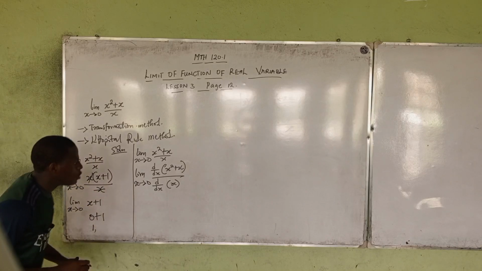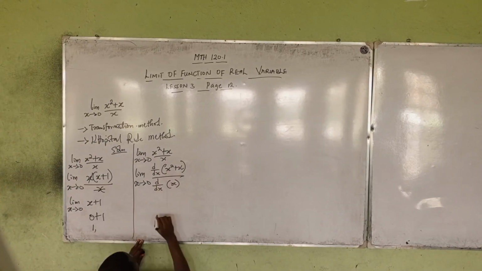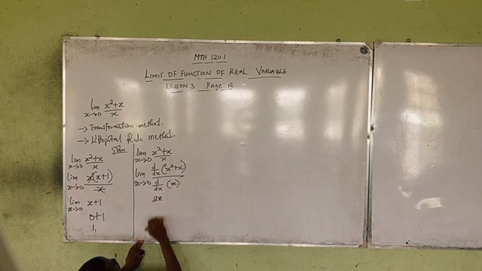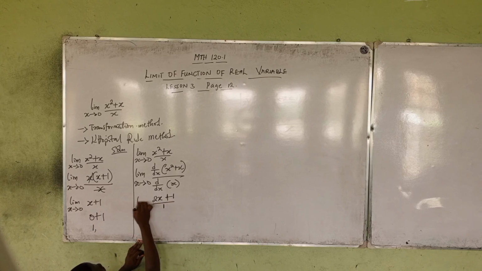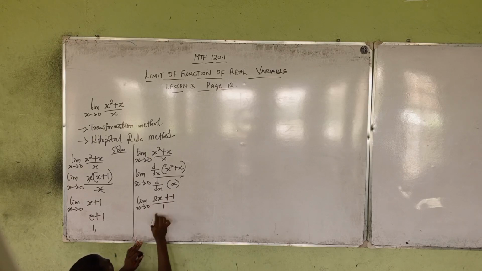Now you differentiate your numerator. What will you have? You simply have 2x plus 1 divided by 1, as the limit as x tends to 0. Divide this, and you simply have the limit of x tending to 0 of 2x plus 1.